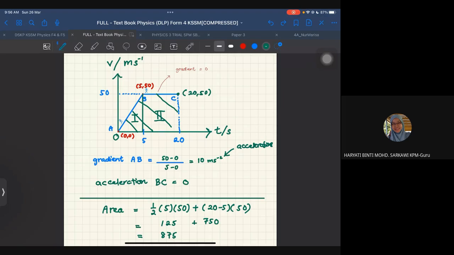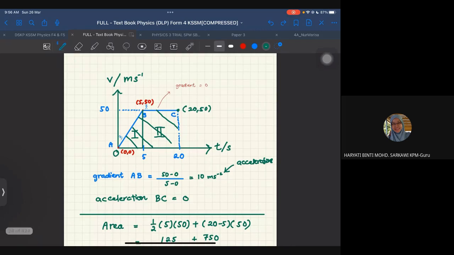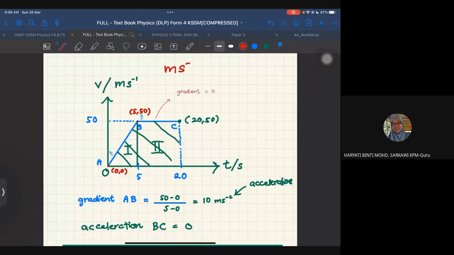So unit you can just times vertical and horizontal axis. So unit of the vertical axis is meter per second. Horizontal axis is second. Vertical axis unit is meter per second times horizontal axis is second. So it becomes s to the power of minus 1 plus 1, it becomes 0, right? So s to the power of 0 is 1. So it means here is m.